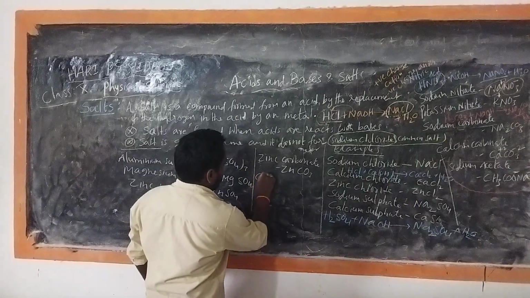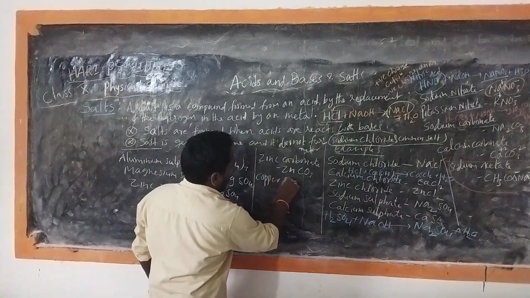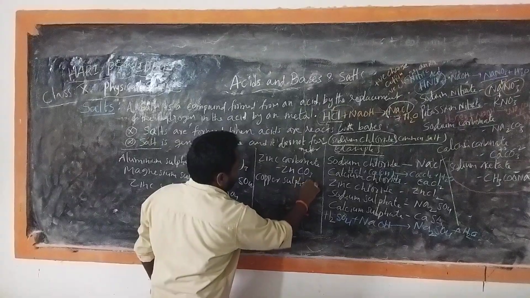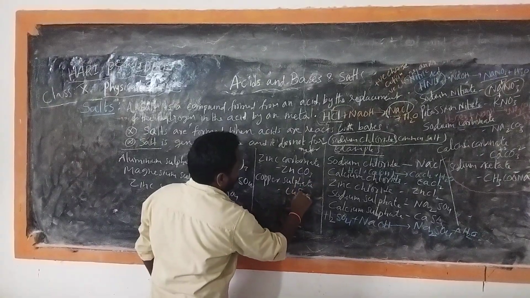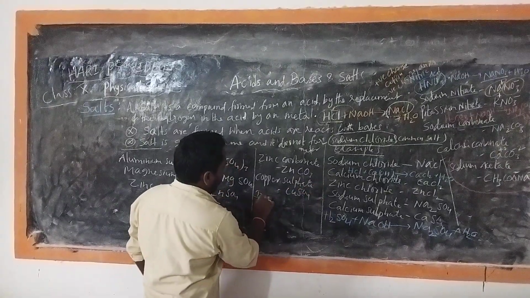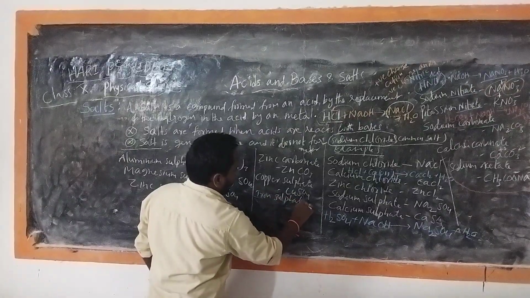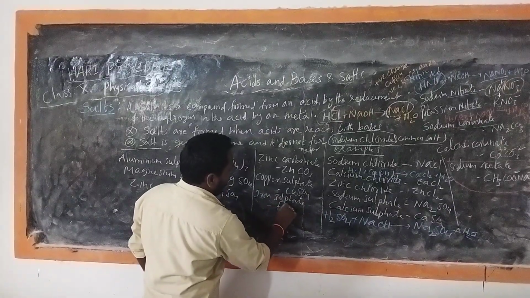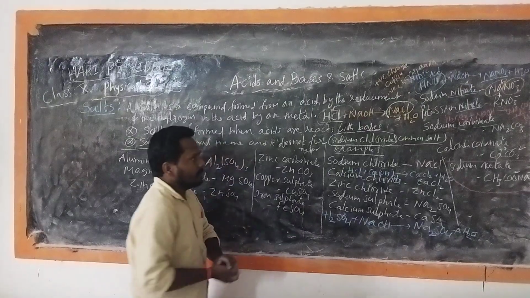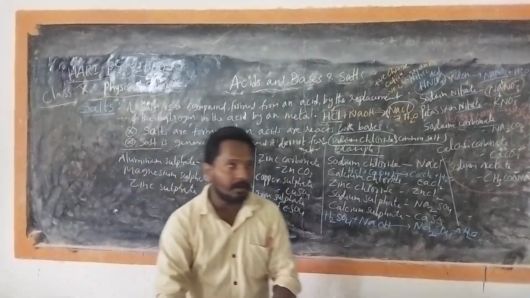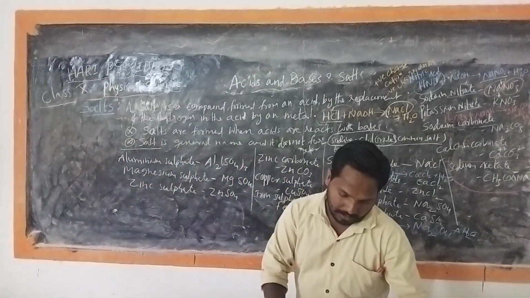Copper sulfate, CuSO4. Iron sulfate, ferrous sulfate or ferric sulfate, FeSO4. Observe, these are all examples of chemical salts.